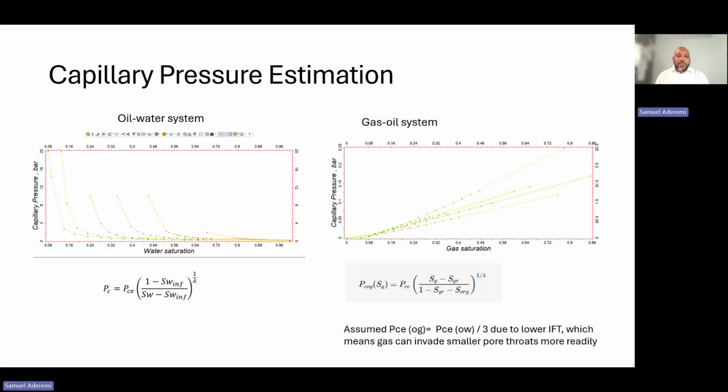But what is important is understanding the physics behind it. We know that the gas can invade smaller pore throats more easily, and that is the main implication of this entry pressure, and the reason why it will be lower than that of the oil water system.